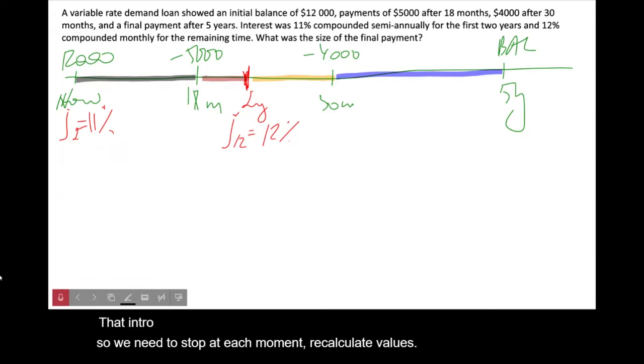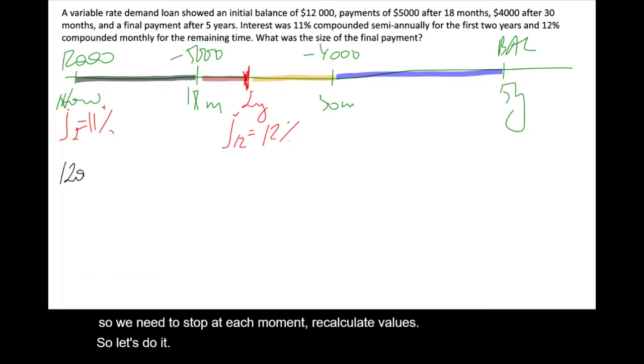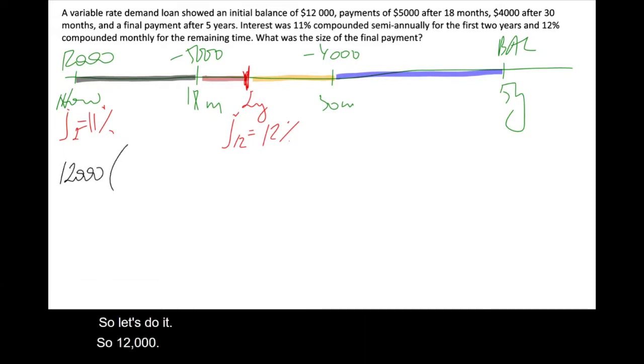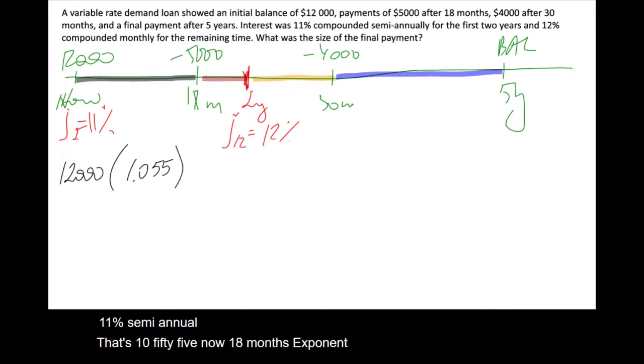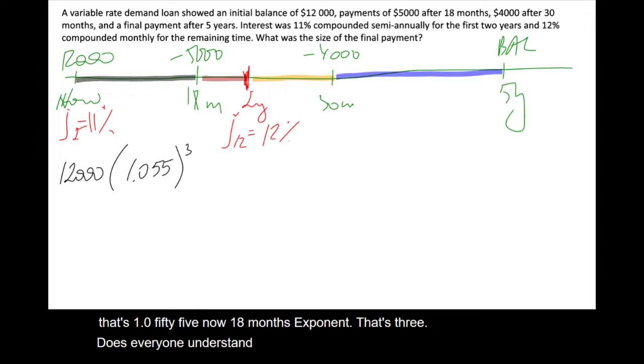So let's do it. So 12,000, 11% semi-annual. That's 1.055. Now the 18-month exponent, that's what, 3. Does everyone understand the exponent or do you need an explanation?